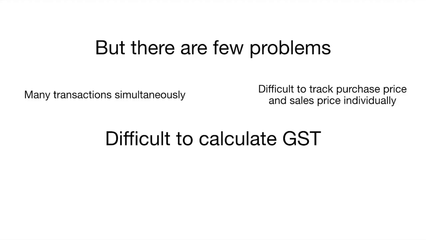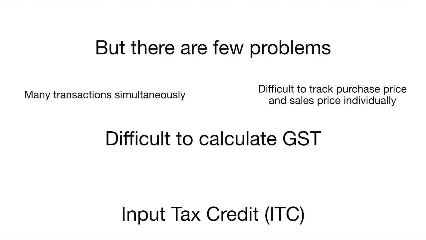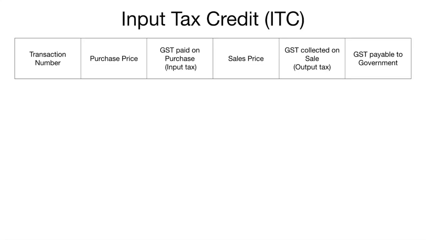So to overcome this, there is a concept called input tax credit, also called ITC. Let us see what this input tax credit is. Let us understand this with the help of a table. Look at the columns. Transaction number. Purchase price. GST paid on purchases.